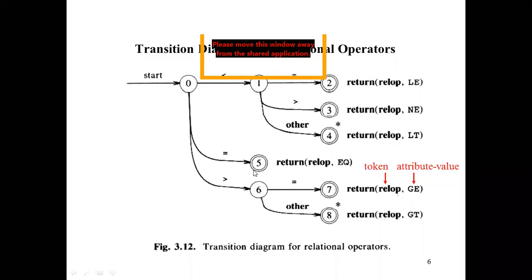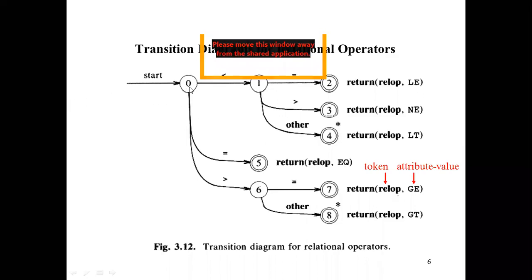Okay, and we want to draw the transition diagram for equal. Then make double circle. Draw the double circle, means final or accepting state, because we want to draw only for equal. And then you can write return. This is the grammar to indicate return within bracket relational operator comma eq, means equal. So this is the transition diagram for the equal, for relational operator equal.